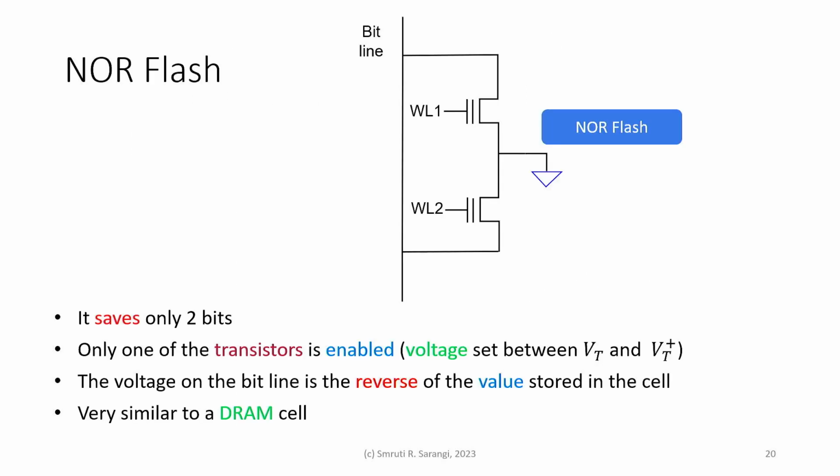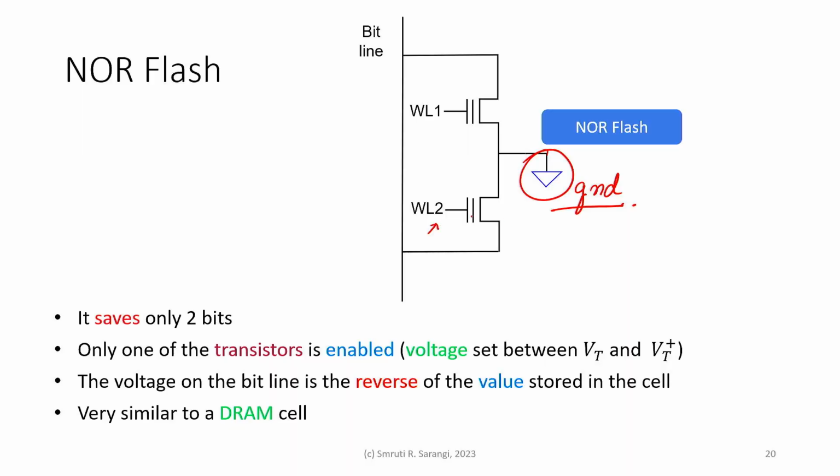So now let us look at NOR flash. This is the basic circuit, this is the ground. So it saves only 2 bits. Every cell stores only 2 bits. Only one of the transistors is enabled, and the voltage there is set between Vt and Vt plus, right?